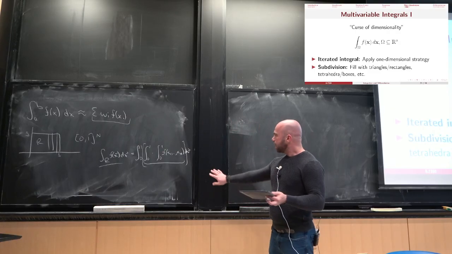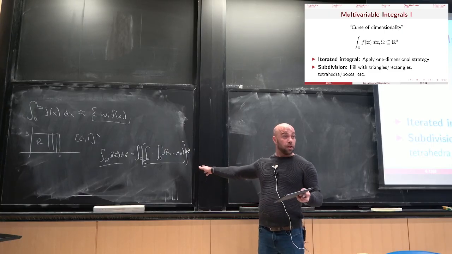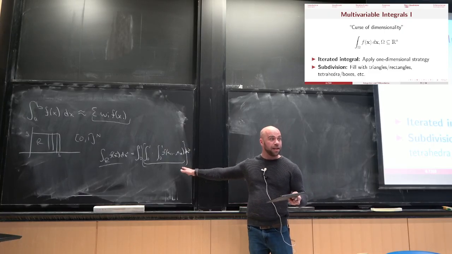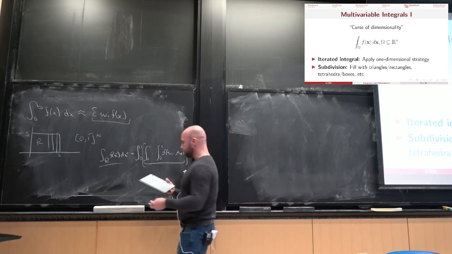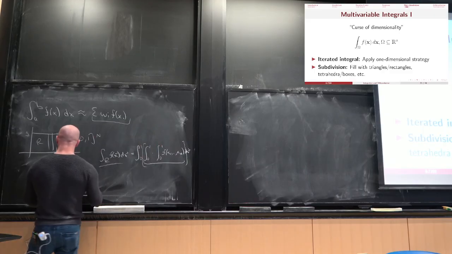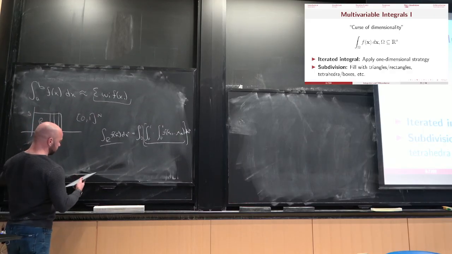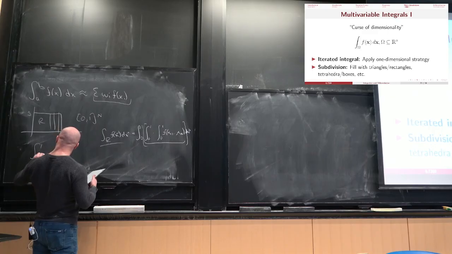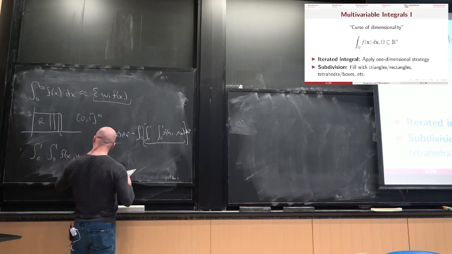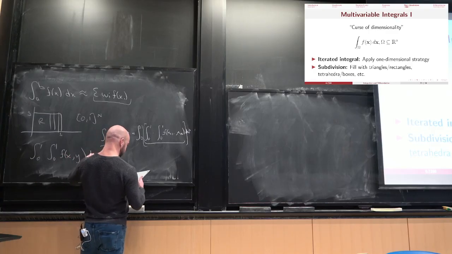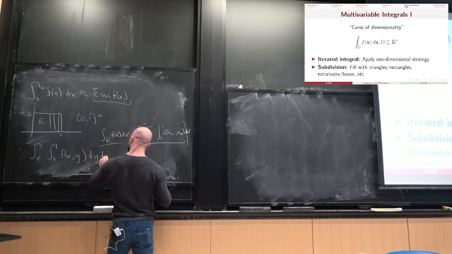Now, notice on the right-hand side, we can take any of our one-dimensional integration functions and apply it to a multidimensional integration by doing this recursively. As a simple example, let's say that I want to integrate on a square. So I have 0, 1, 0, 1, f of xy dy dx, right?